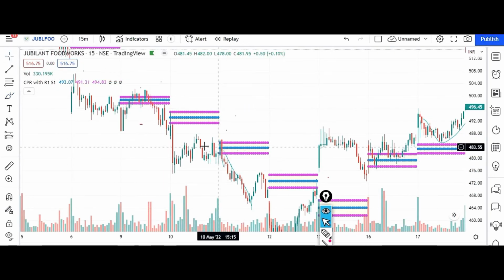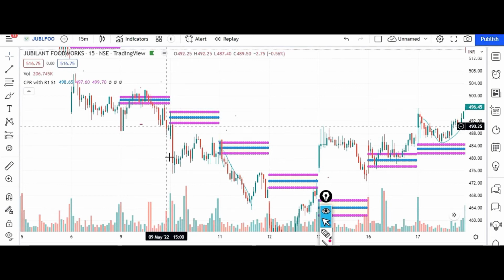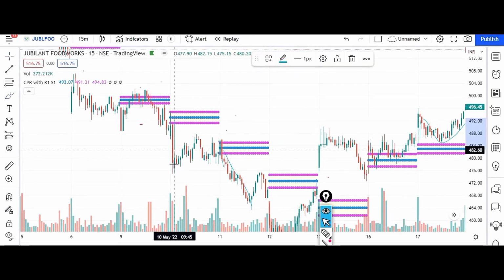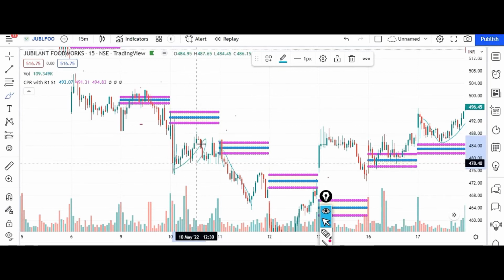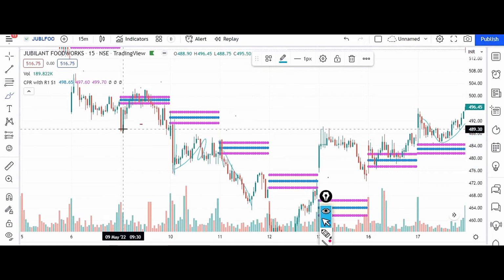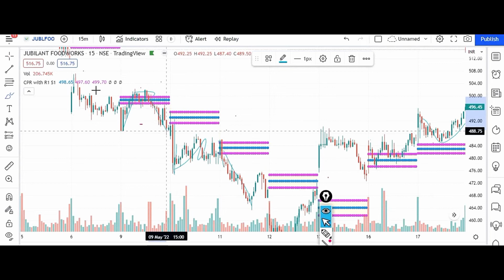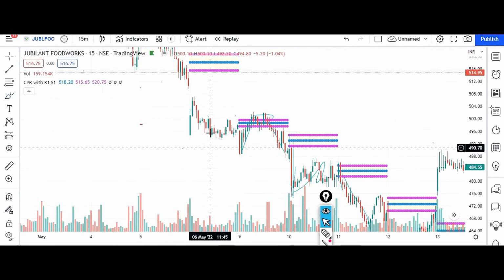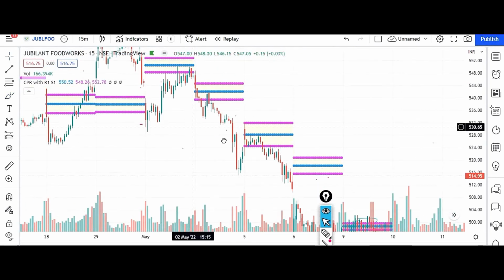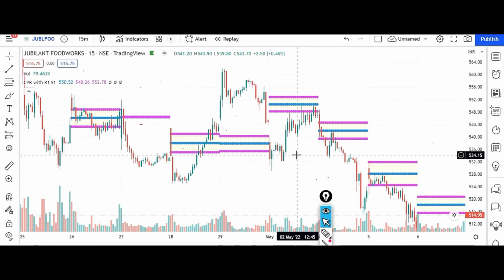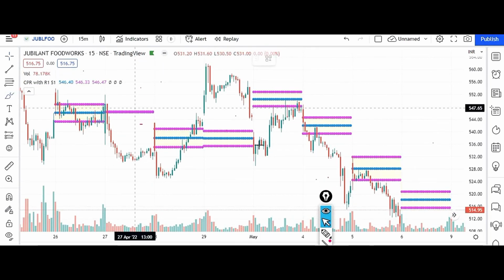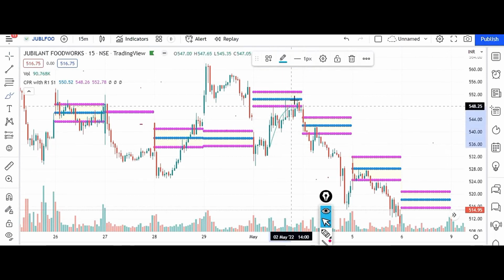The property of how price behaves, remember, price may reverse or break out. Okay, it broke here, you see, price broke from this level, and from certain levels it tries to reverse. Here you see it tries to reach this level and can't sustain above this level and gets reversed. See, price touched this level and reversed.